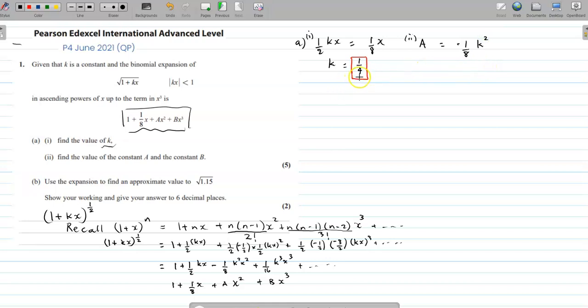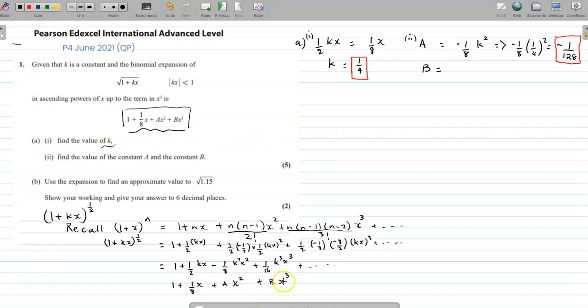We already know that k is 1/4, so we have minus 1/8 times (1/4) squared, which gives us minus 1/16 times 1/8, that's minus 1/128. So a is minus 1/128.